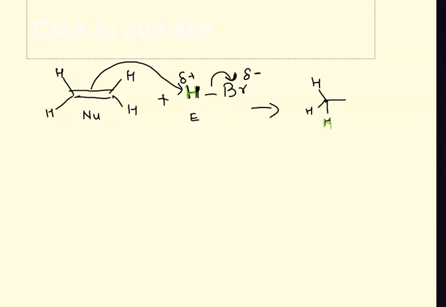And the other carbon is now short of electrons, or its valency is not fulfilled, because this pair of electrons has been used to form the bond with hydrogen. So this carbon gets a positive charge, and this intermediate species is called a carbocation.